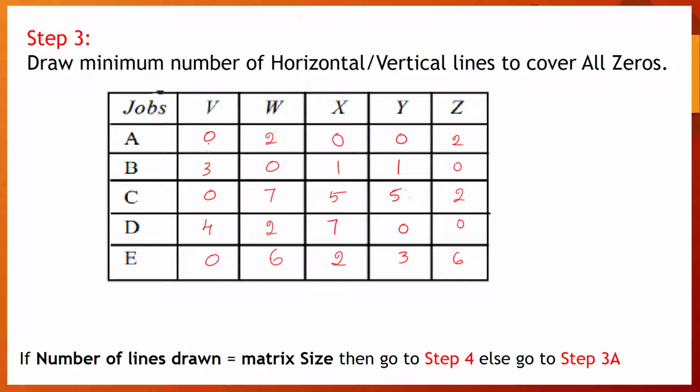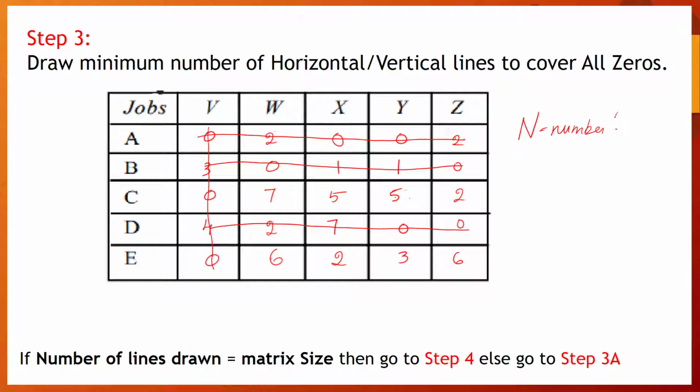Here we can see that if we draw a horizontal line, we can cover 3 zeros, 1, and then if we do this, we can cover this, so 2. So 1 line, 2, 3 and 4.